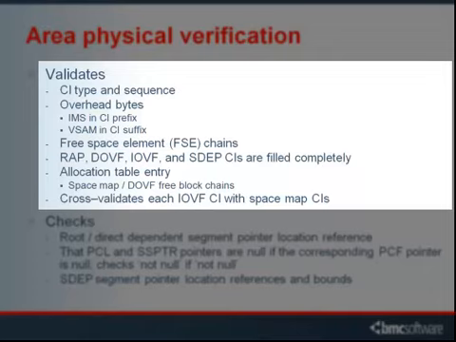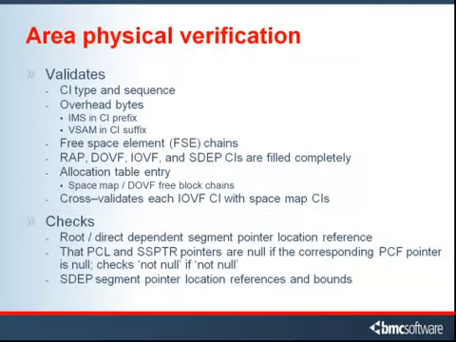It checks the free space element chains that each wrap, DOVF, IOVF, and S-step CI is filled completely with segments, FSCs, and scraps, the allocation table entry in the space map, and the free block chain within the dependent overflow, and it cross-validates each IOVF CI with the corresponding entry in the space map CIs.